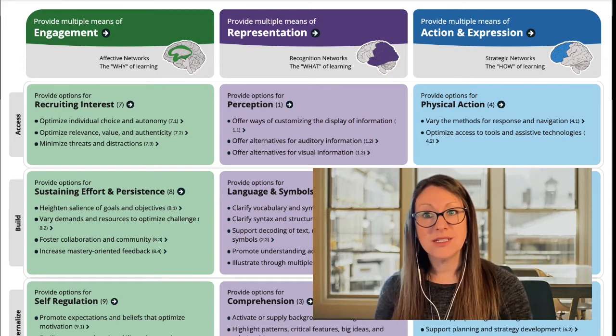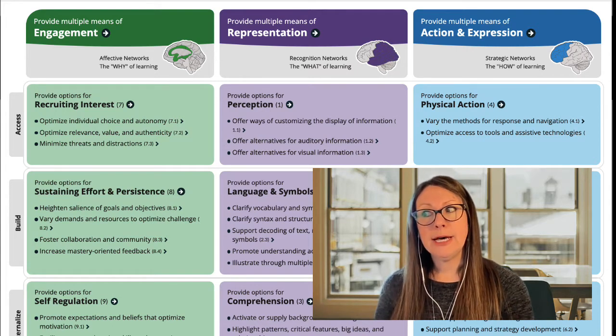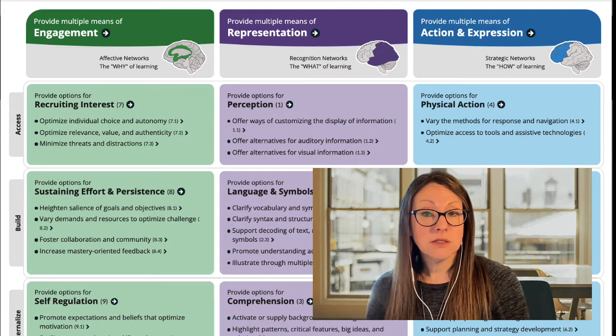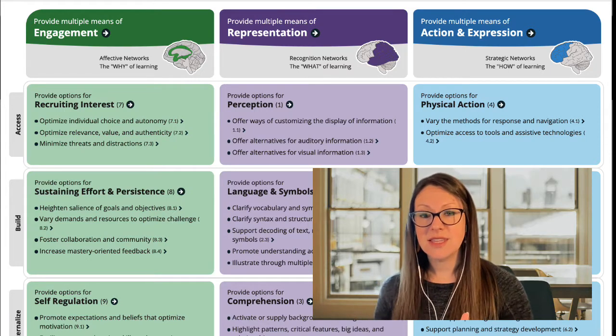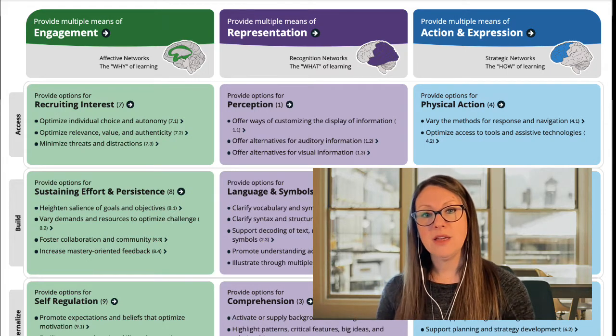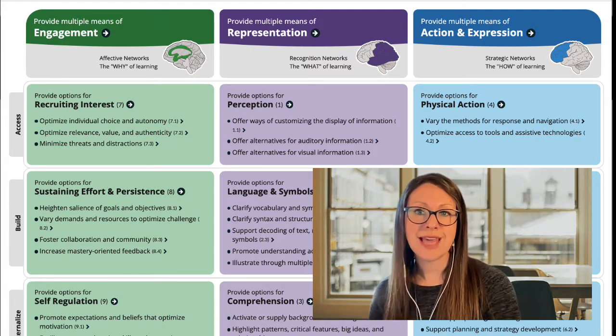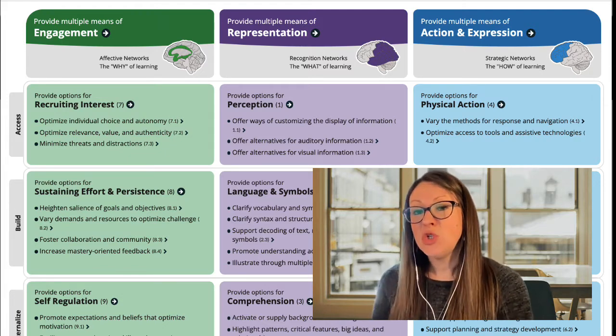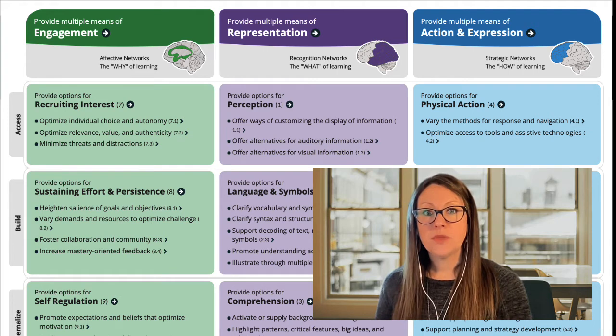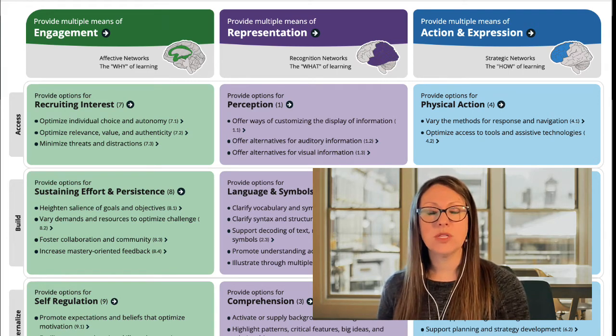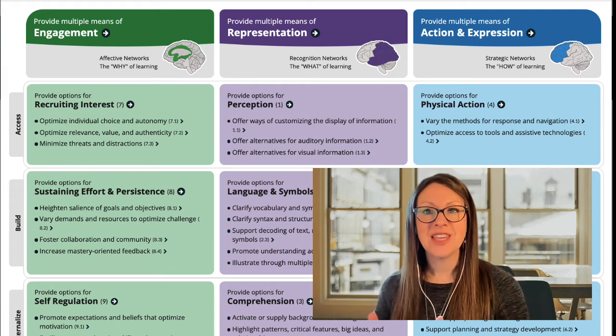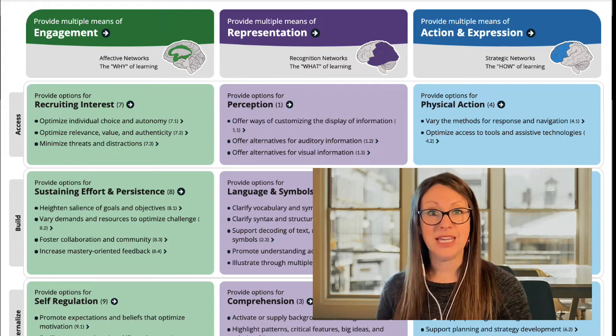If you've got a kiddo who maybe has a reading deficit that they're aware of, providing that alternative to support and scaffold them so that they have access to the concepts can really, really, really be powerful. So this idea of offering alternatives in order to help them make meaning.